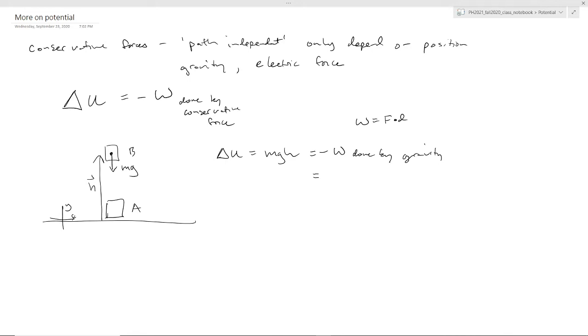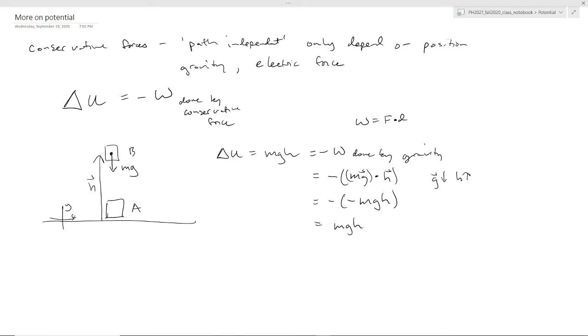So this would be mg dot h. Just to be explicit, gravity is pointing down, but h is pointing up, so there's a negative sign here. And so it gives us the familiar mgh. This is done by looking at the work.